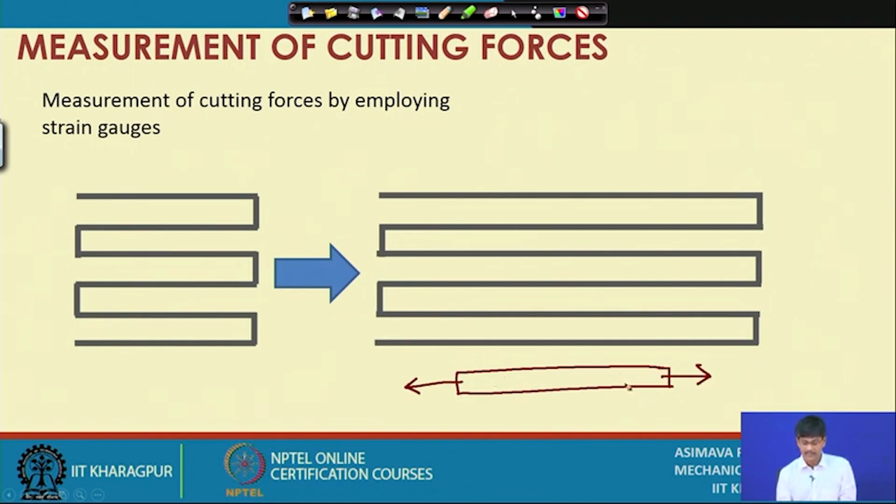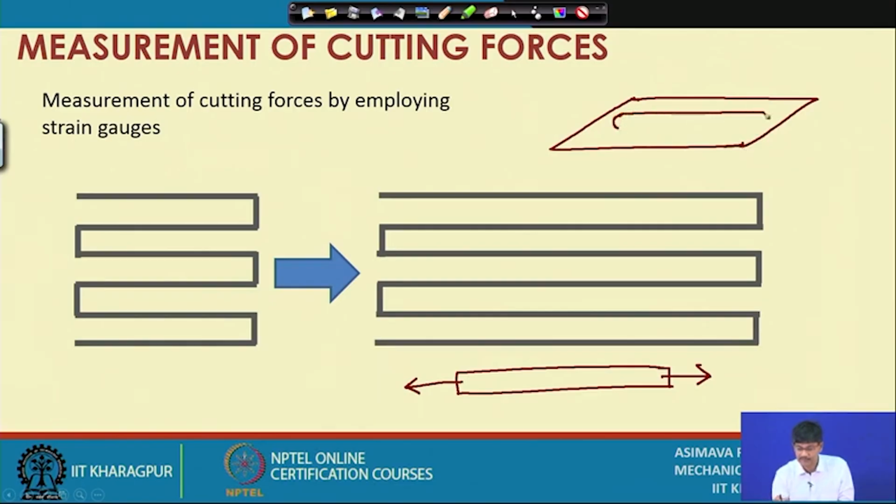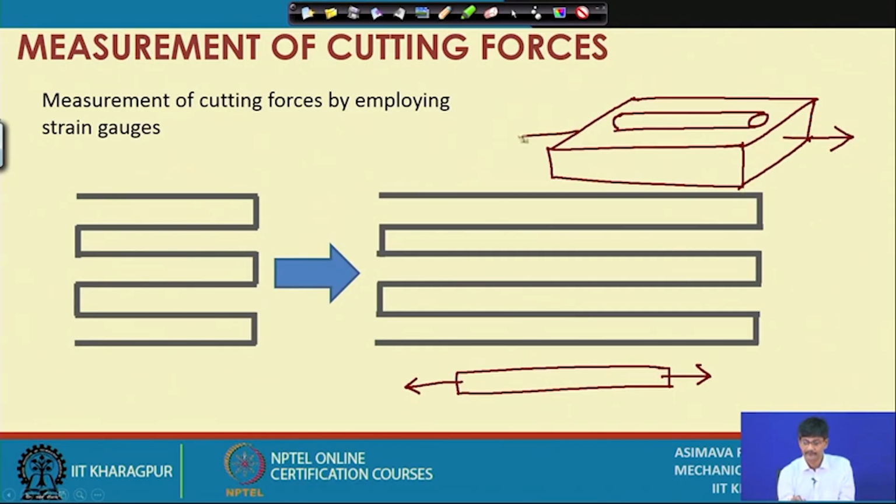Okay. Now, in the same manner, suppose I have a body on top of which I have put a sort of conductor. It is absolutely cemented onto the body. If I pull the body, it is going to undergo longitudinal strain, and this conductor will also undergo the same amount of strain, whatever its length qualifies to.